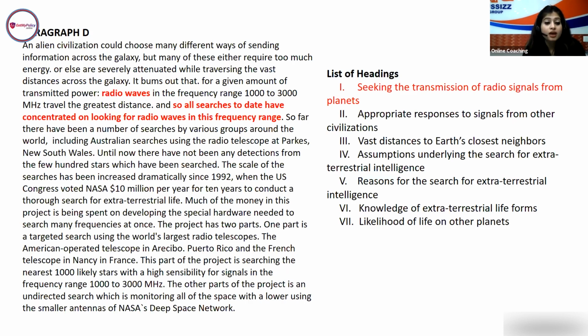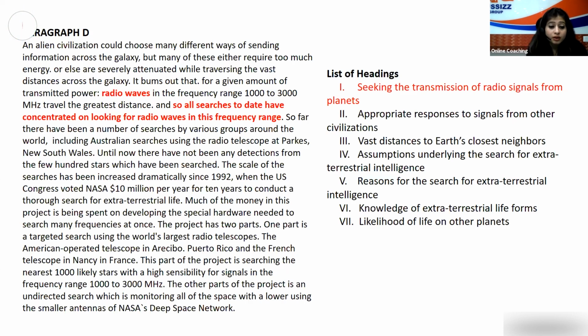Okay, the scale of the searches has increased dramatically since 1992 when the US Congress voted NASA 10 million per year for 10 years to conduct a thorough search for extraterrestrial activities. This particular line simply means that Congress voted NASA 10 million for 10 years to conduct the search for extraterrestrial life forms, and much money is spent on developing hardware needed to search the frequencies.